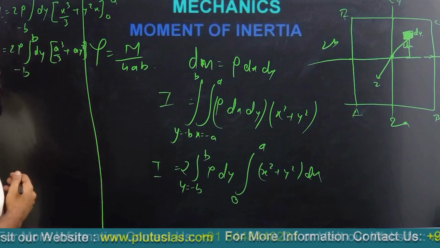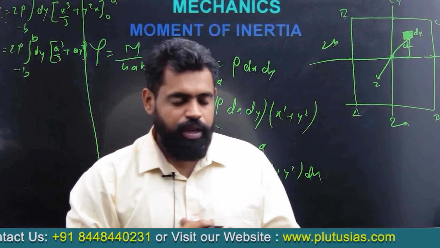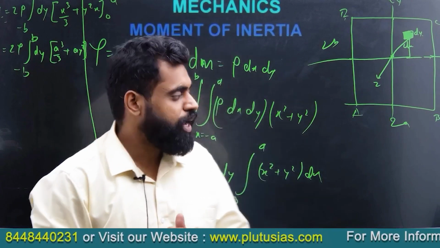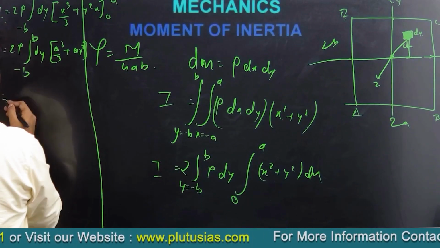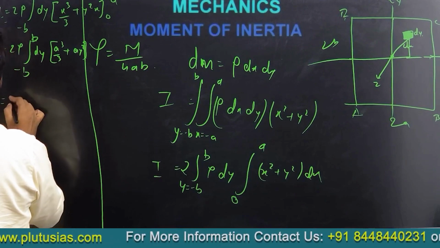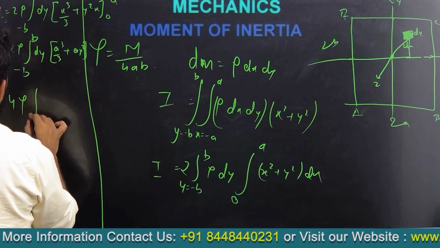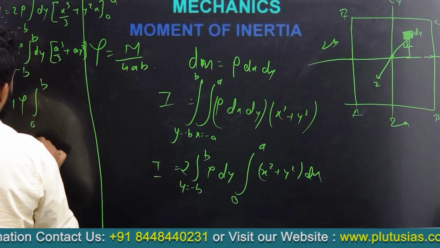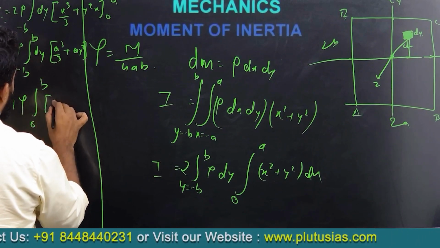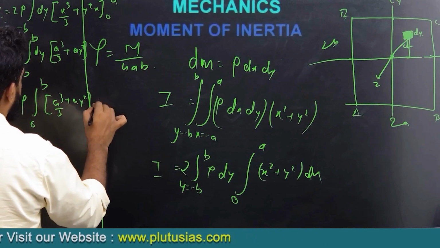Again we see that here the function is an even function. So again taking 2 out, using the properties of definite integrals, it would be 4 times rho, integral from 0 to b, a cube upon 3 plus a y square dy.